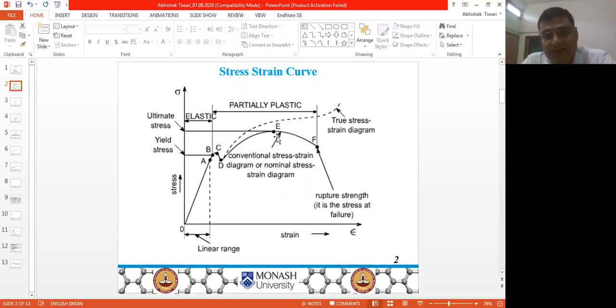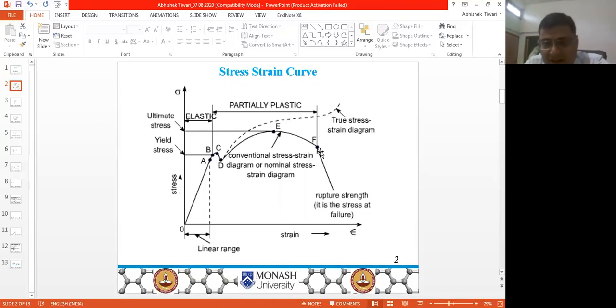This ultimate stress is the maximum stress that a specimen can bear without failure. After point E, it further elongates at a lesser stress, and from point E to F, there is necking.